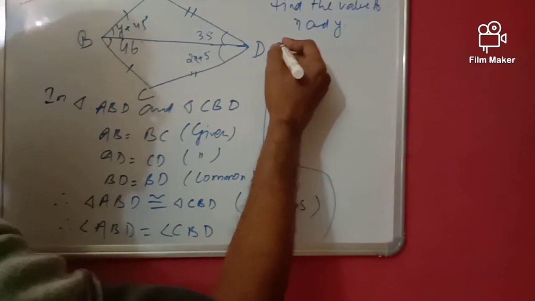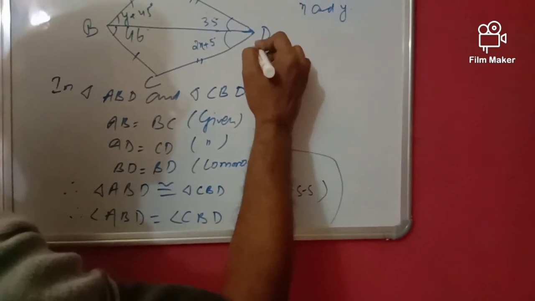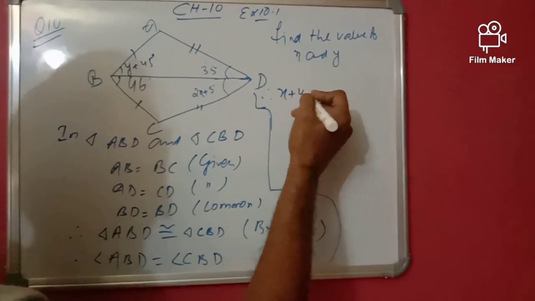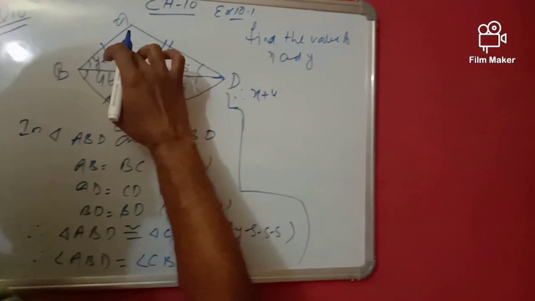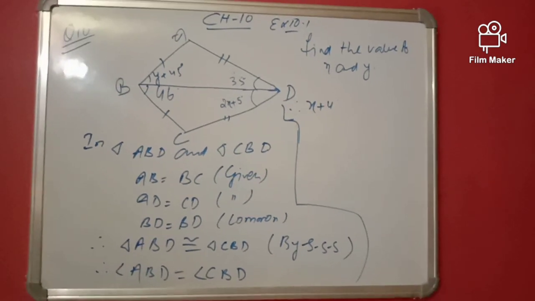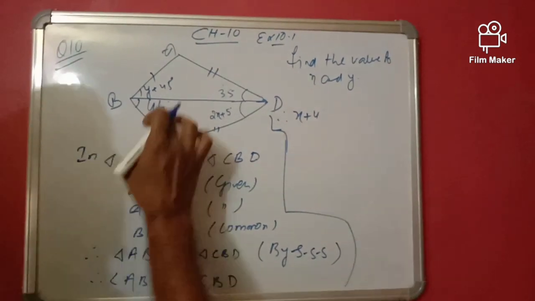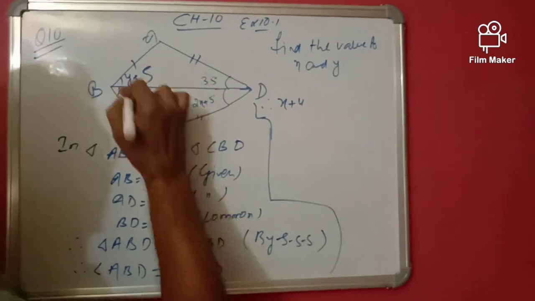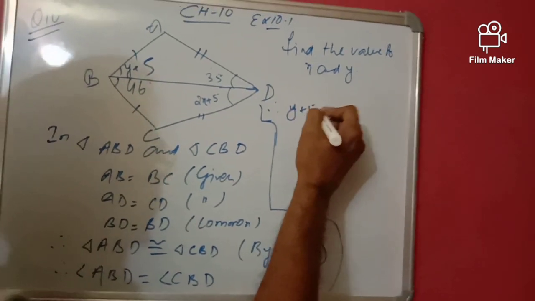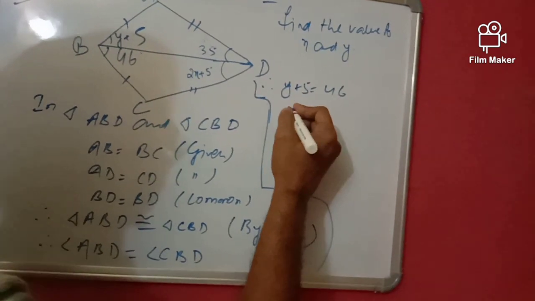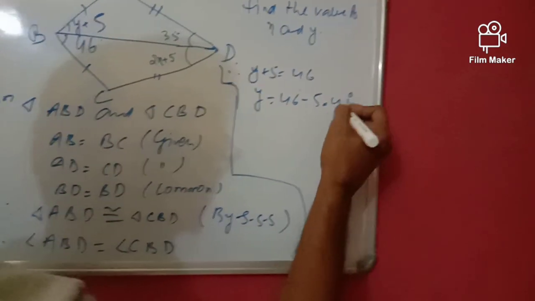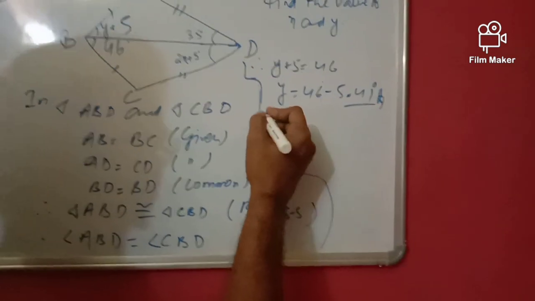From the condition of the question, we can write y plus 5 equal to 46. Y equal to 46 minus 5 degree. Therefore the value of y will come 41 degree.